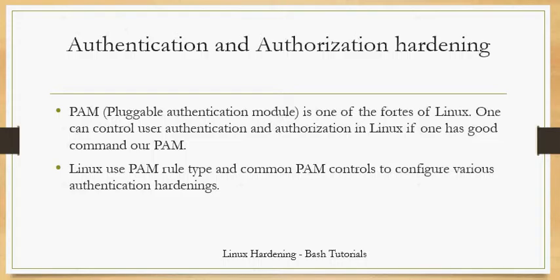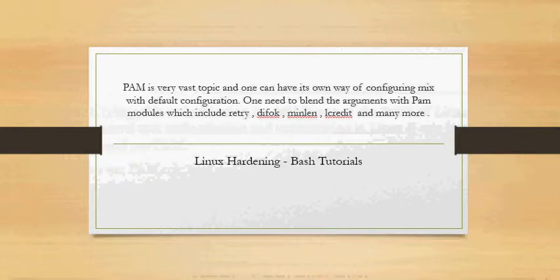If somebody wants to judge whether a person is a good Linux admin or not, then PAM can be one of the judgment parameters. PAM is a very vast topic, and one can have their own way of configuring it, mixed with the default configuration.